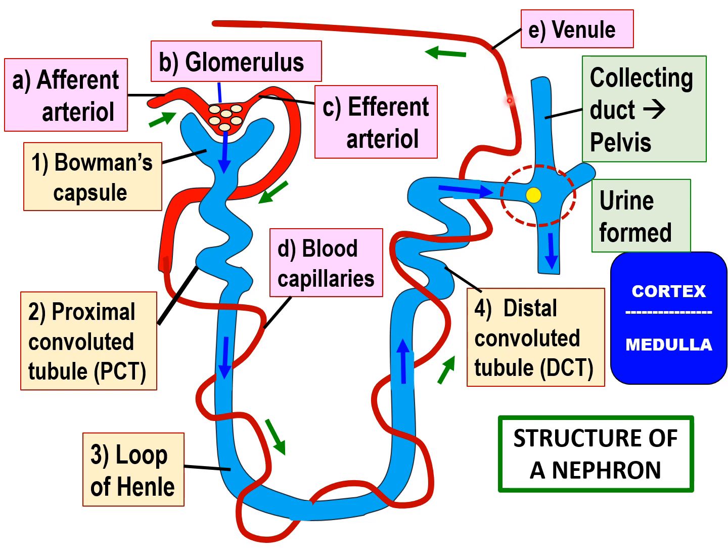When the blood flows out via the venule, it's already filtered, and it will be transported out of the kidney by the renal vein. Okay, so learn to draw it, and you will understand the whole structure better when you draw it and label it too.